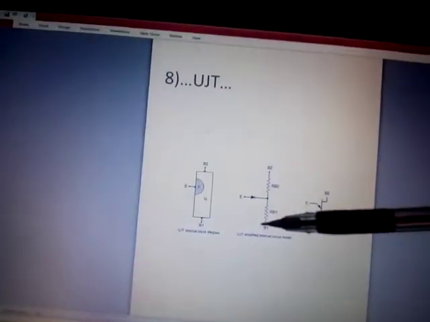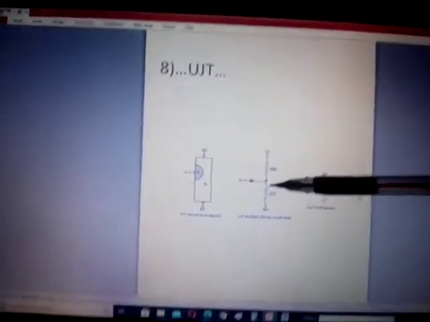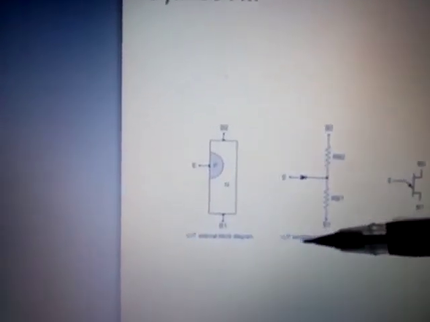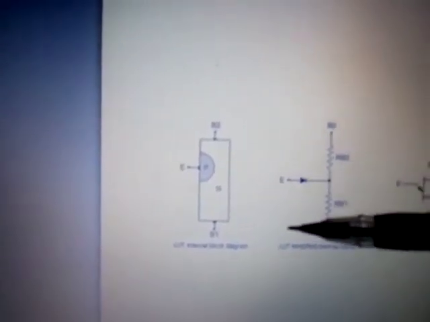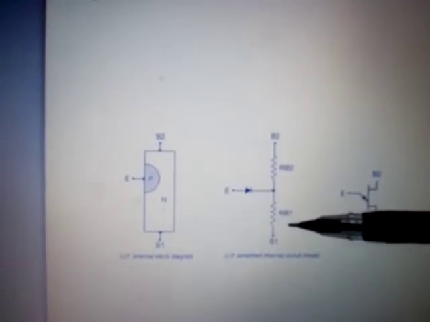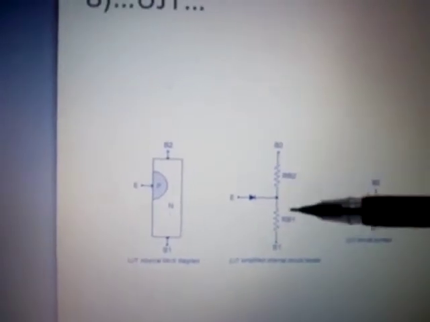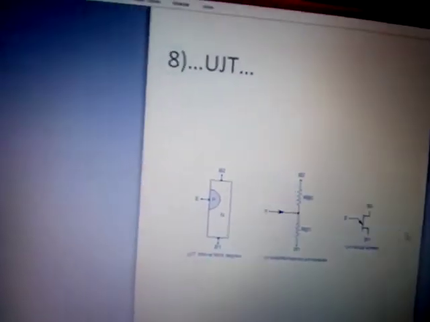It is the ratio of the lower part, that is RB1, to the whole part RB1B2. That is the resistance from here to here, to here to here.